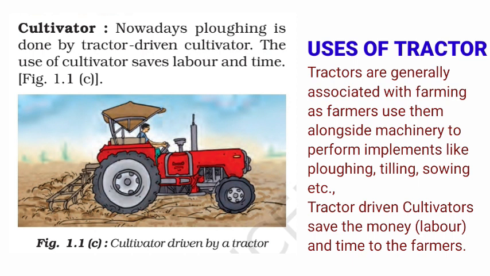Let us know the uses of tractor. Tractors are generally associated with farming as farmers use them alongside machinery to perform implements like plowing, tilling, sowing seeds, etc. Tractors driven cultivators save the money, labor, and also time.